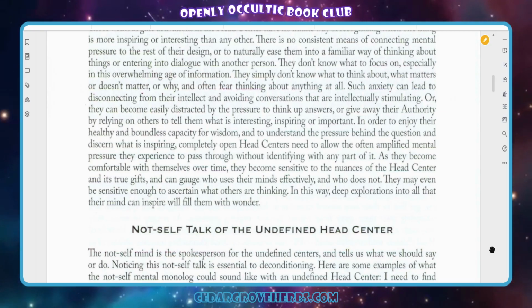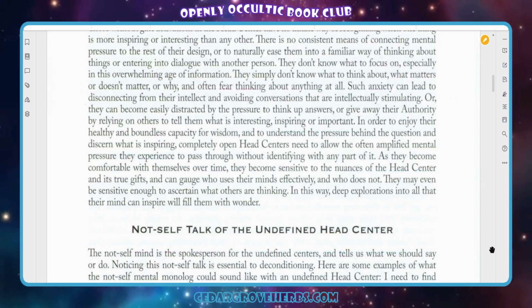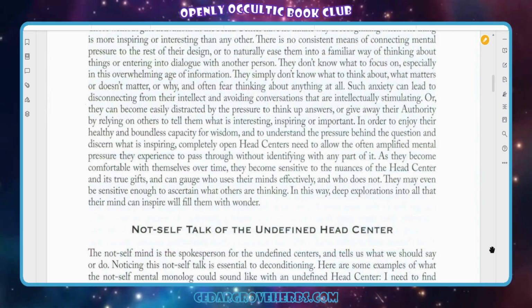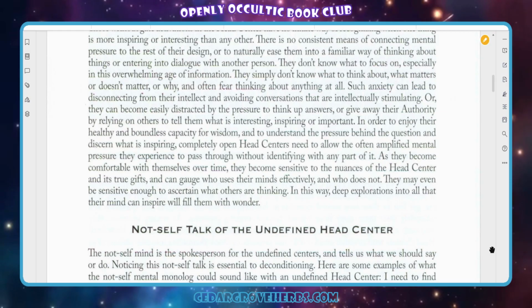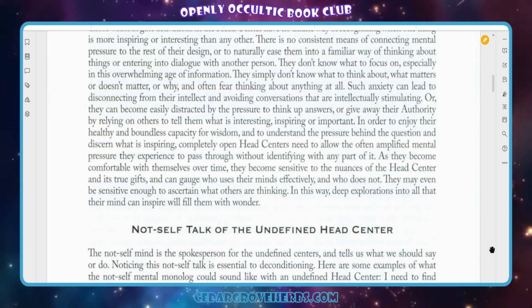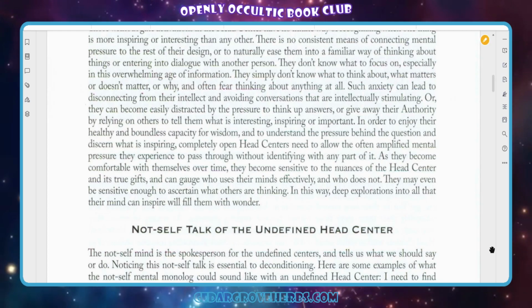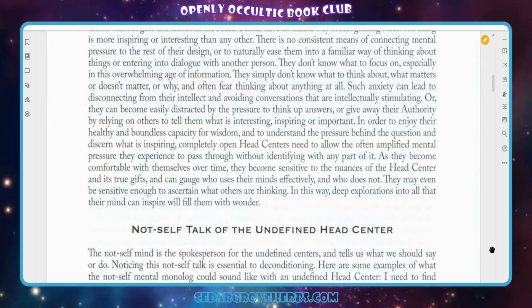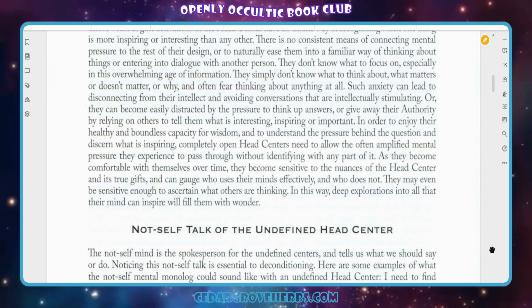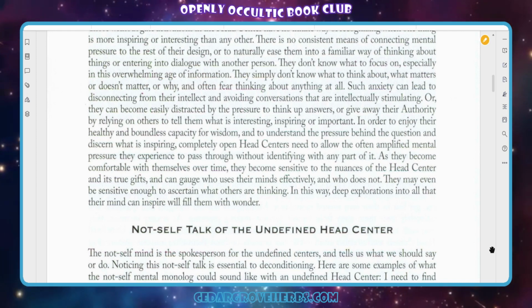In order to enjoy their healthy and boundless capacity for wisdom, and to understand the pressure behind the question and discern what is inspiring, completely open head centers need to allow the often amplified mental pressure that they experience to pass through without identifying with any part of it.